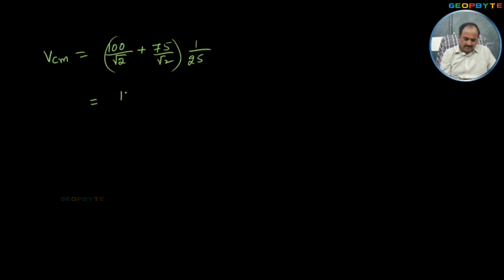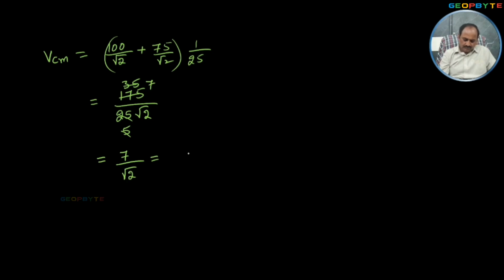It is 175 divided by 25 root 2. Then it is 5 times 5, 35, 5 sevens. It is equal to 7 by root 2.